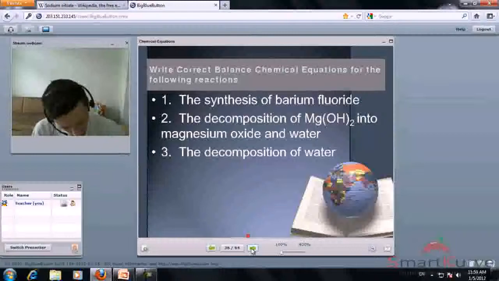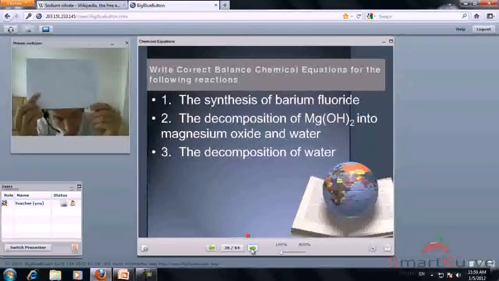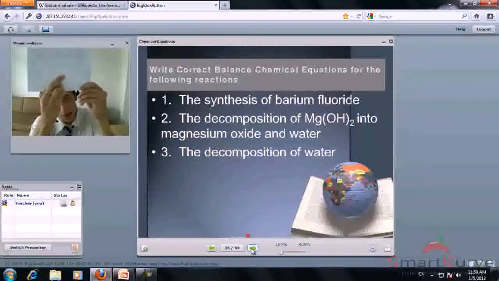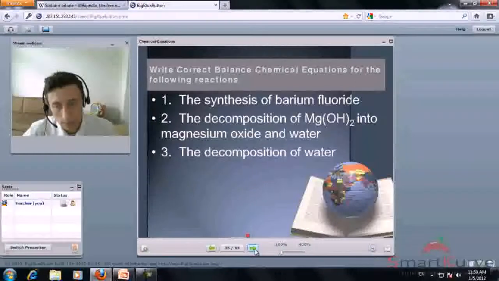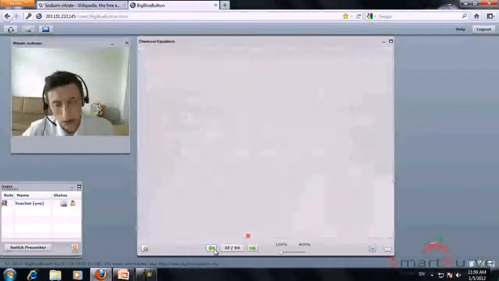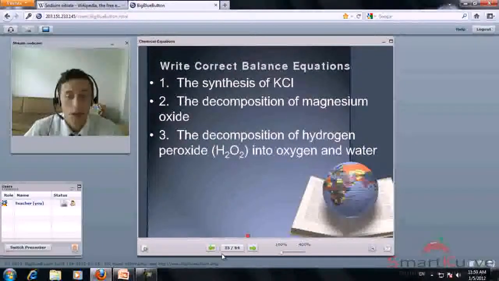We have to add another coefficient. Now everything's balanced. 2 atoms of potassium, 2 atoms of chlorine, 2 atoms of each. And that's the synthesis of potassium chloride. Right?